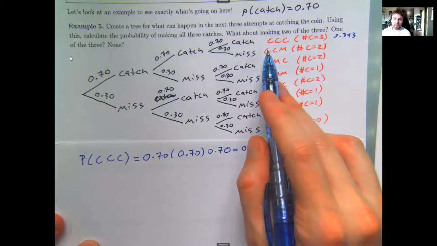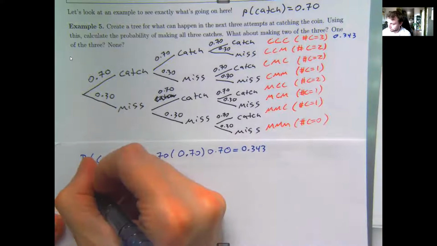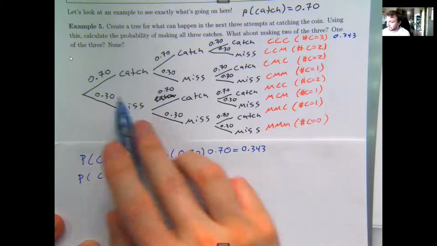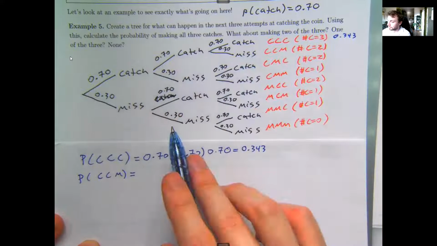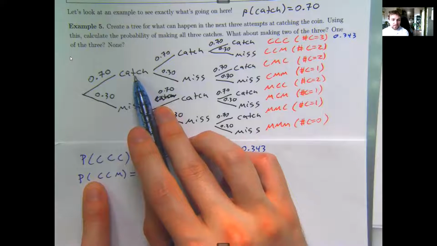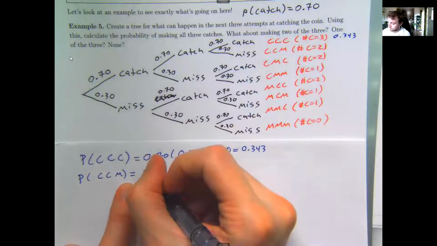Let's look at catch, catch, and miss. I'm going to multiply the probabilities on the branches on the way. So I have 70 for the catch, 70 for the catch, 30% for the miss.